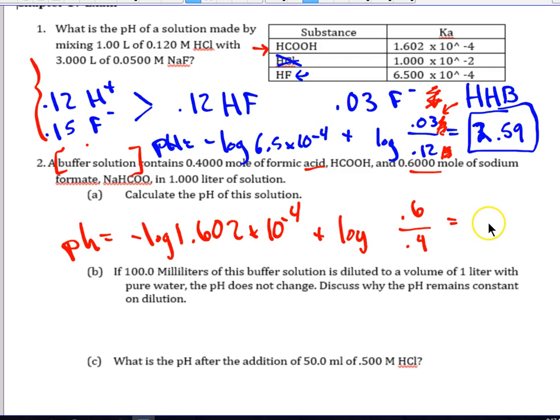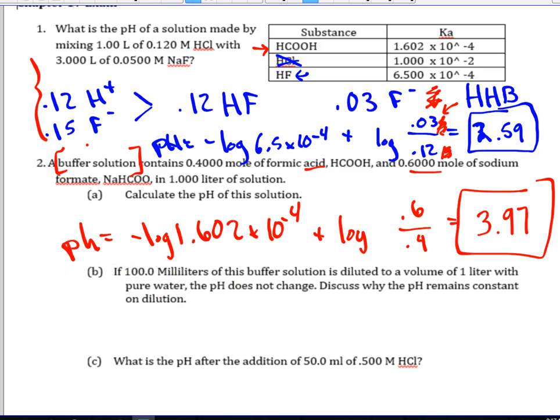So what did we end up with on A? 3.97. I waited that time to hear very clearly. 3.97. How did that go? Who had that one right? Okay, that's at least 80% of you. 85%.